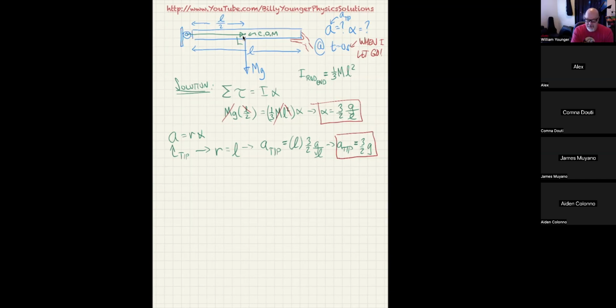You then use that acceleration, which is in fact 3/2 g over L, to calculate what its speed will be at the end of that 1 degree. Now you calculate again using the actual theta that you have. Instead of this thing being horizontal, it's going to be pointing at 1 degree below horizontal. You now calculate with that torque at that angle, and you get a new alpha. You take that alpha and compute what the final v will be at the end of that degree, and you can keep doing that until you get through all 90 degrees, and that would give you a pretty good estimate.